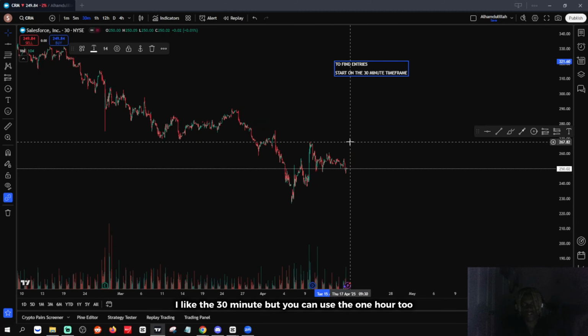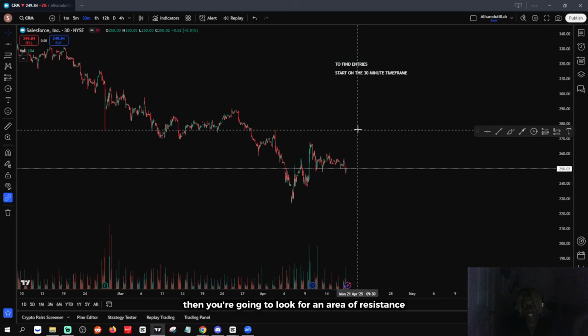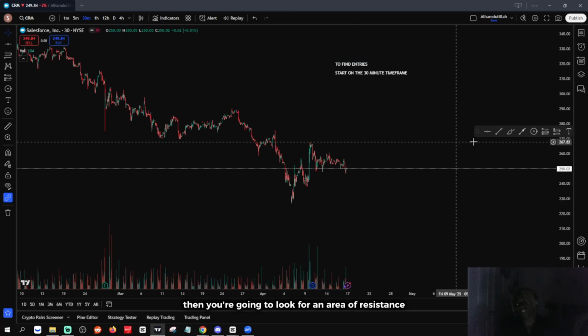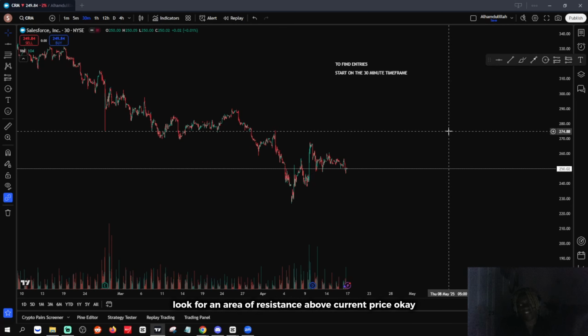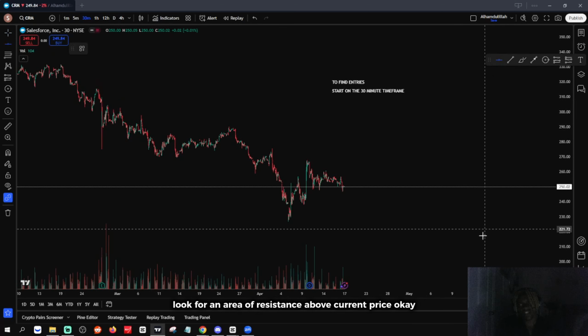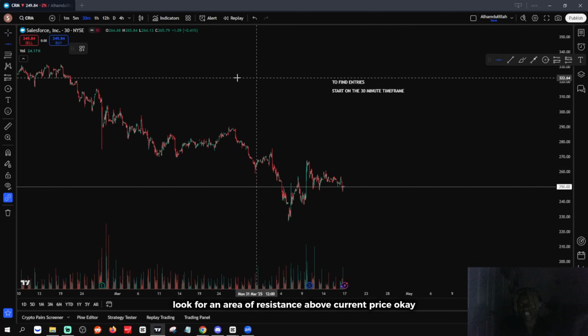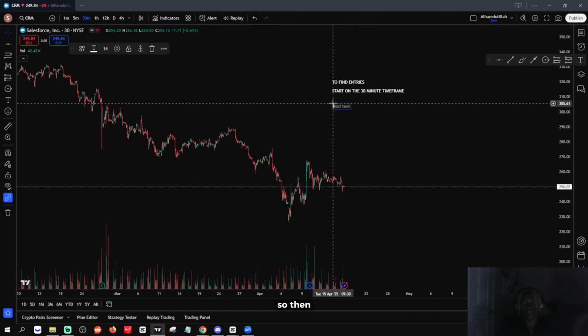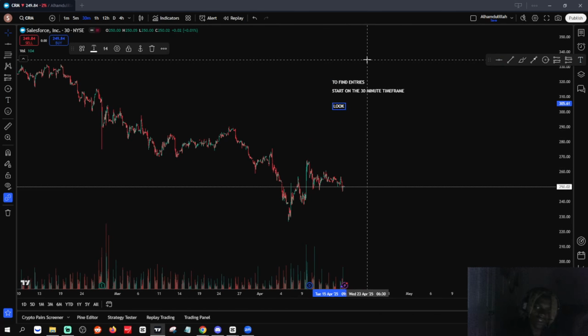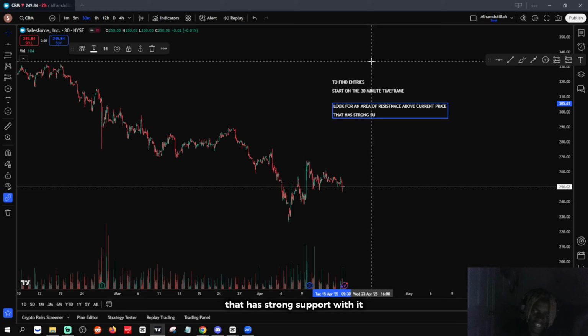Then you're going to look for an area of resistance above current price that has strong support with it.